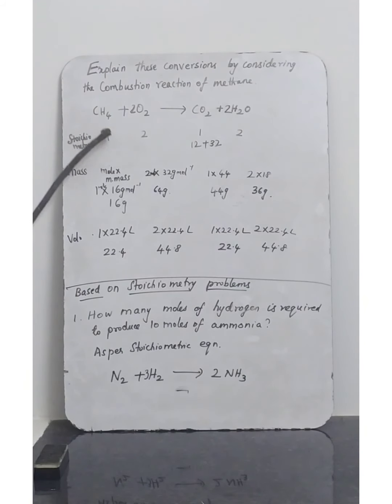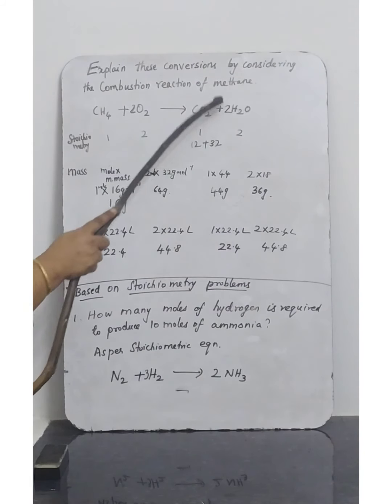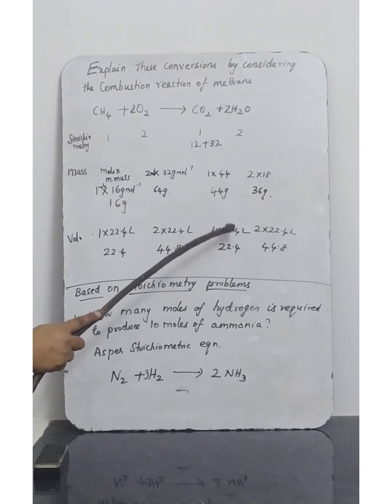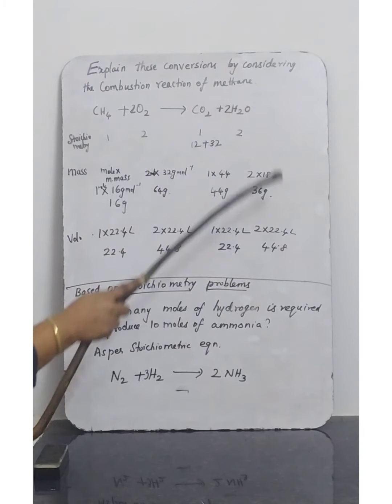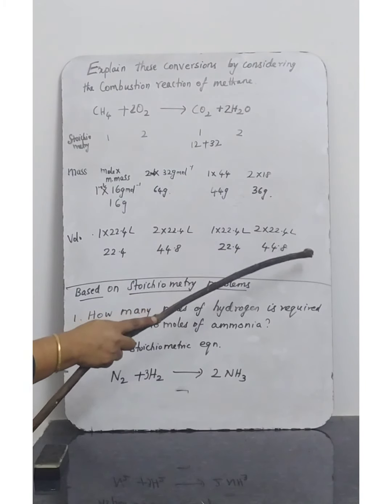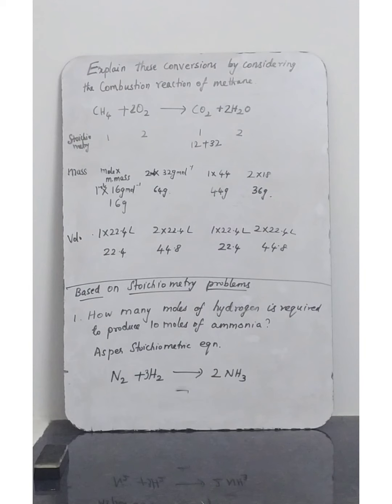So if the number of moles is 1, the volume is 1 into 22.4, equal to 22.4 liters. 2 into 22.4 is equal to 44.8. So 1 mole of carbon dioxide means 1 into 22.4 liters, which is 22.4. 2 moles of water means 2 into 22.4 liters, which is 44.8. Okay, understood?